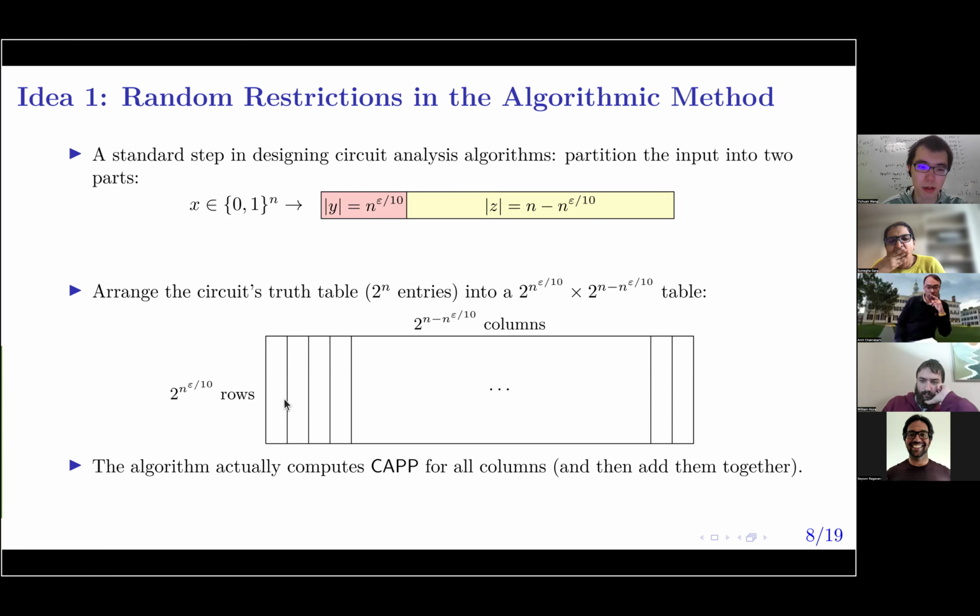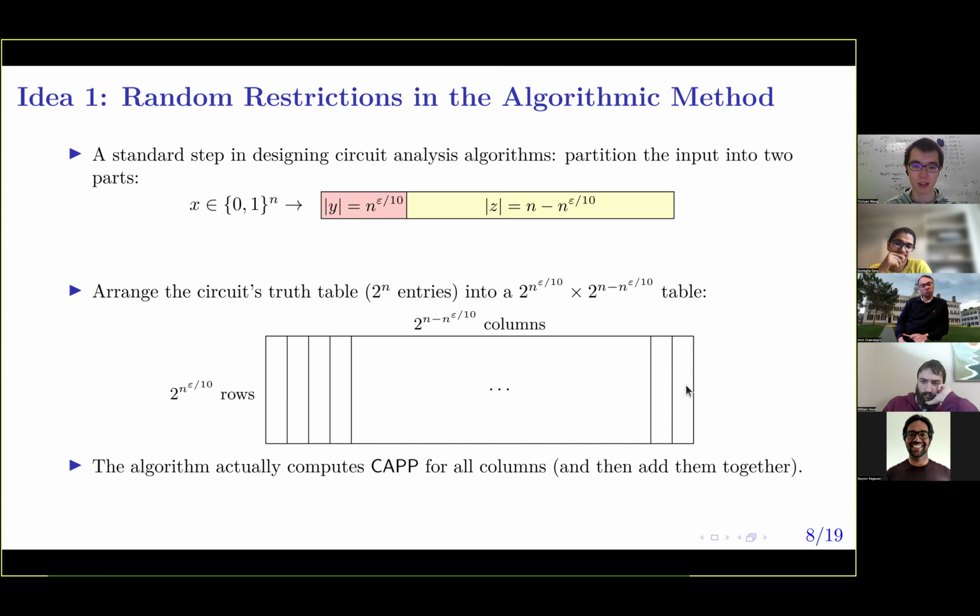Then for the circuit truth table, we put it into a 2^(n^(epsilon/10)) by 2^(n-n^(epsilon/10)) table. The row index corresponds to the prefix, and the column index corresponds to the suffix. Our cap algorithm can compute a cap for all columns as an intermediate step.